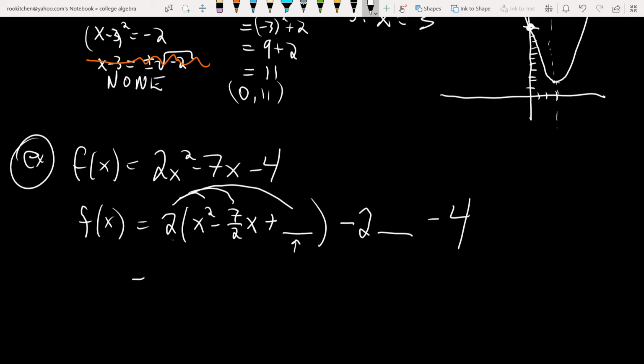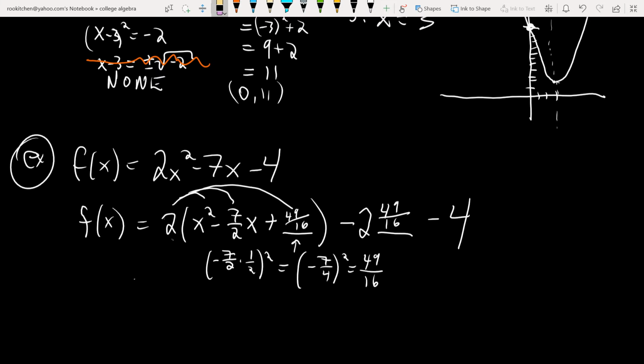Anyways, the thing that we add in is always (b over 2) squared. Negative 7 halves divided by 2 is the same as negative 7 halves times 1 half. Then I have to square that. So I'll have negative 7 fourths squared, which will be 49 sixteenths. So I'm adding 49 sixteenths here and putting it right here as well. Okay, so let's now clean that up a bit.